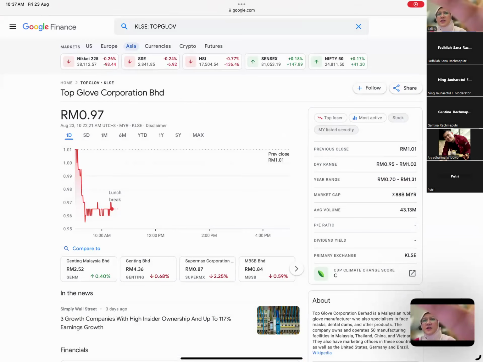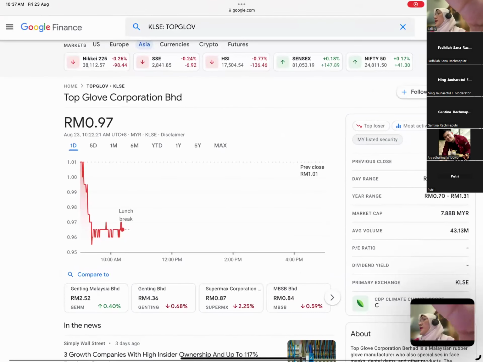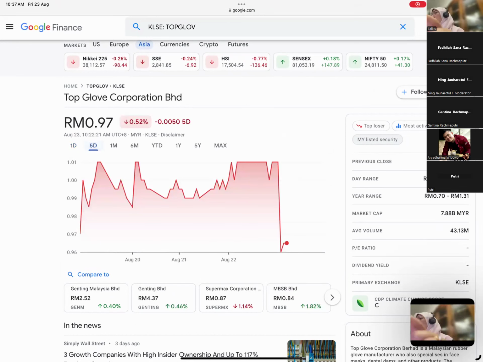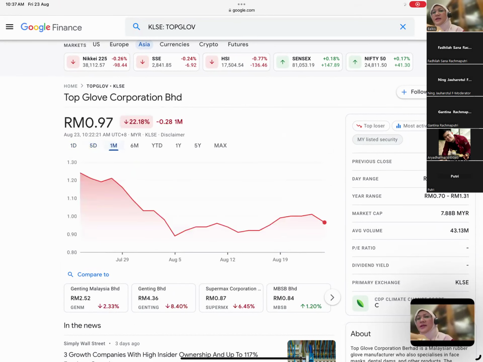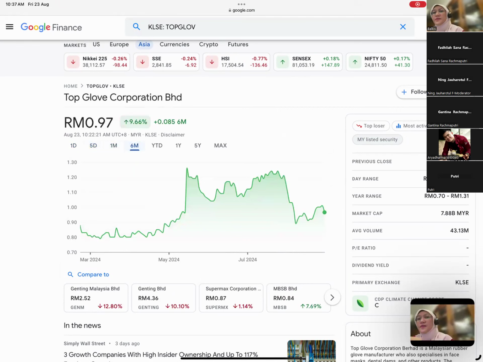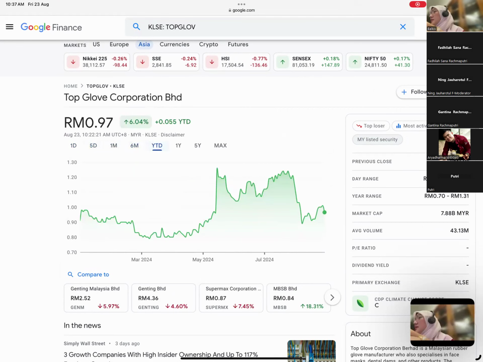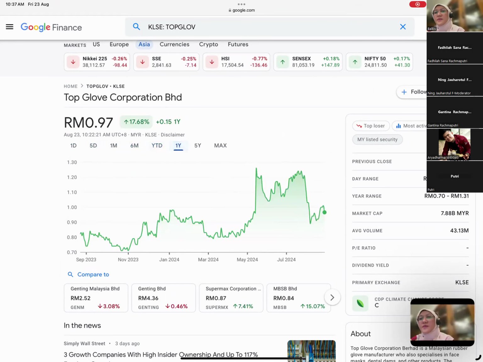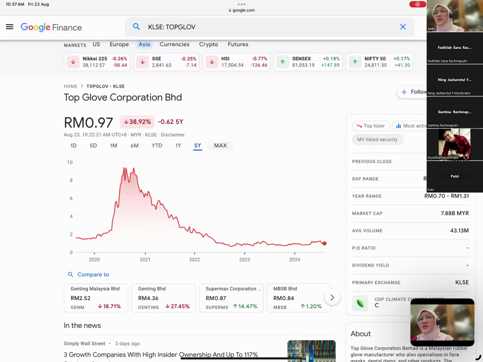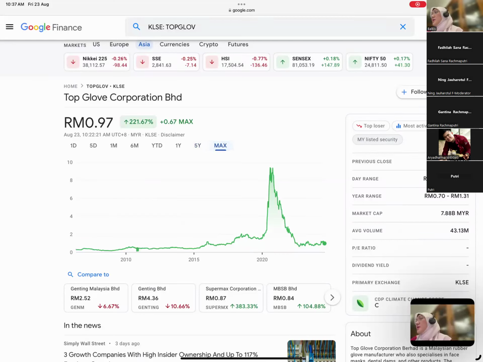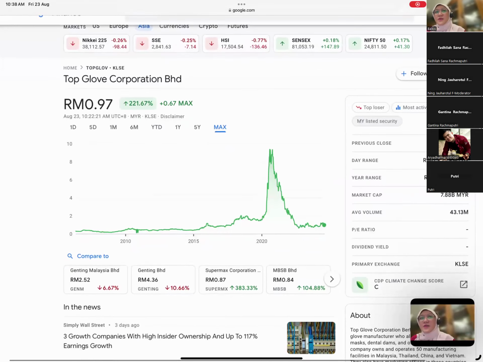What it gives us here is the stock price of Top Glove for 1 day, for 5 days, for 1 month, 6 months, and YTD is yield. This is 1 year. This is 5 years, and these are the maximum data available for the share price. All right, this is the share price for Top Glove.